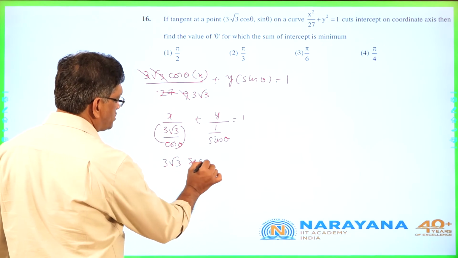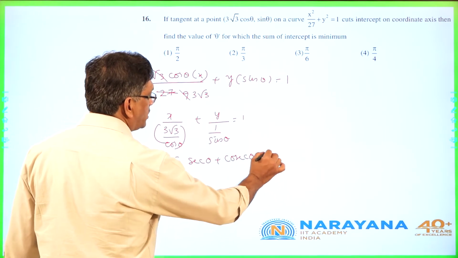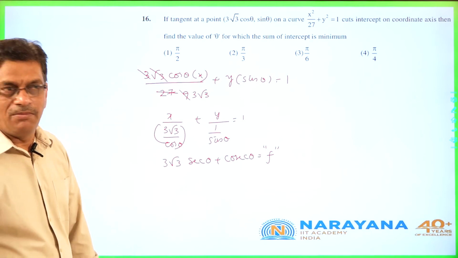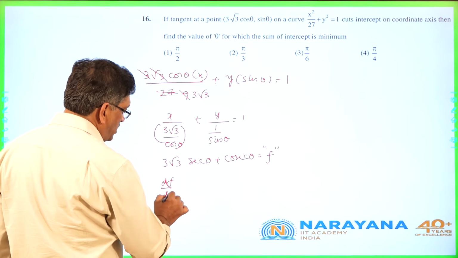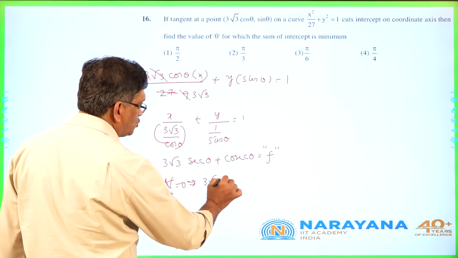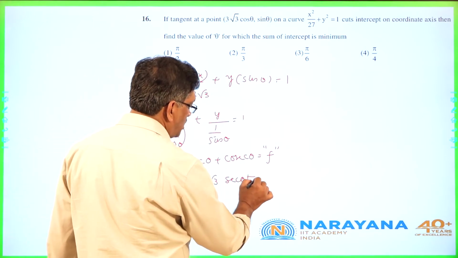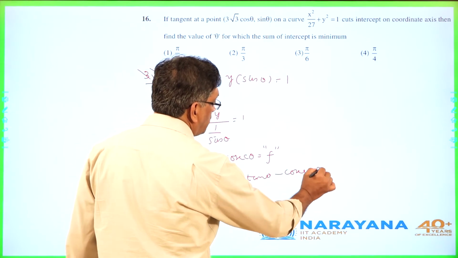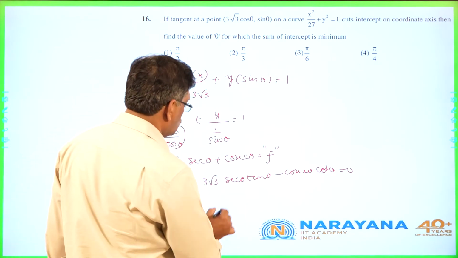Right? Sum of the intercepts, 3 root 3 secant theta plus cosecant theta, let us take it as a function. This is minimum. So, differentiate, df by d theta equal to 0. 3 root 3 secant theta, differentiation is secant theta into tan theta, for cosecant theta minus cosecant theta into cot theta is equal to 0.